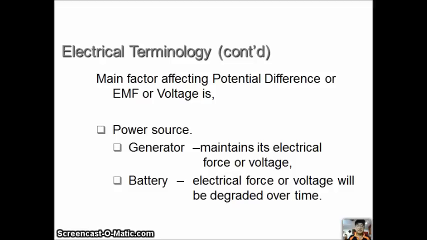What are the factors that affect the value of EMF, whether high voltage or low voltage? It is the power source. Some generators produce higher voltage, some generators produce lower voltage. And also the batteries. Some batteries are low voltage, some are higher voltage.